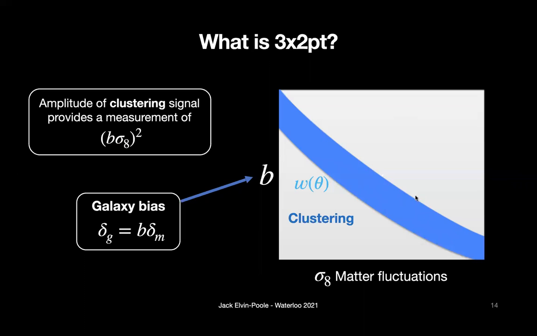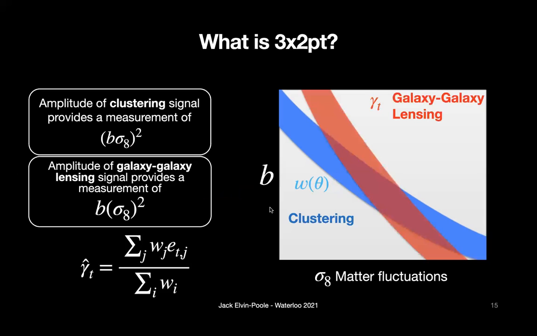And so when you just have that angular clustering signal, what you're measuring is a perfect degeneracy between omega matter, sigma 8, which is the amplitude of matter fluctuations, the quantity that is cosmologically interesting, and this galaxy bias, which is telling you how likely galaxies are to sit in overdensities of a particular size. This is also astrophysically interesting, but for our purposes, we consider this to be kind of a systematic, in that we are unable to measure the cosmological parameter from clustering alone because of this galaxy bias.